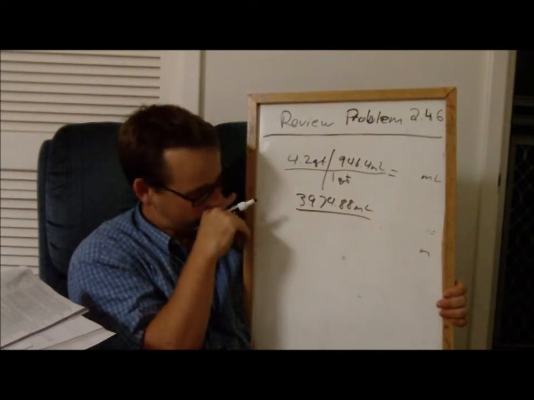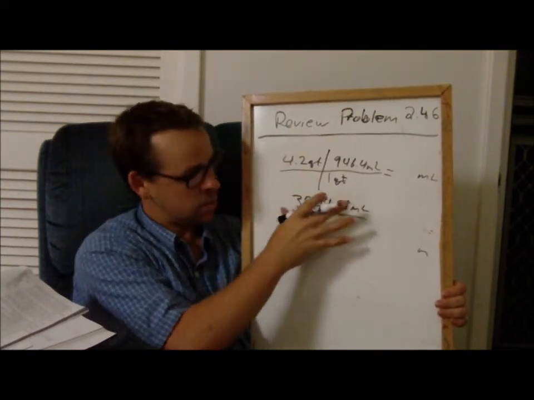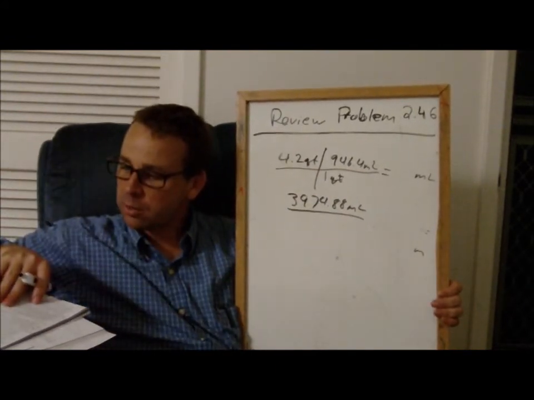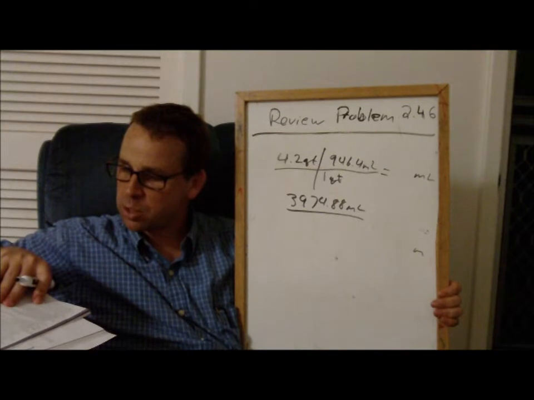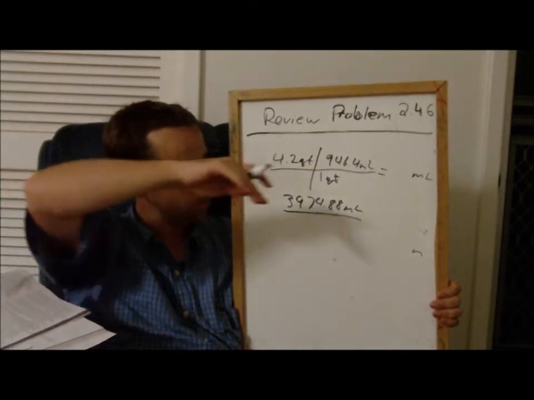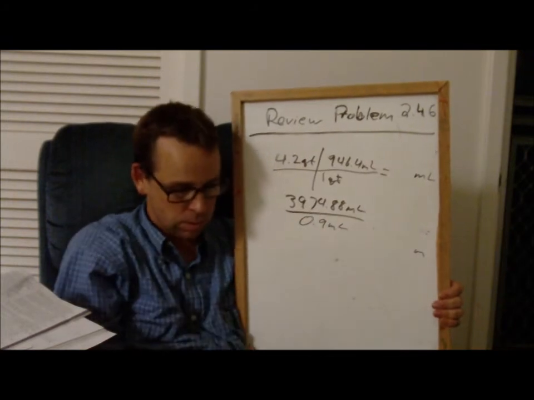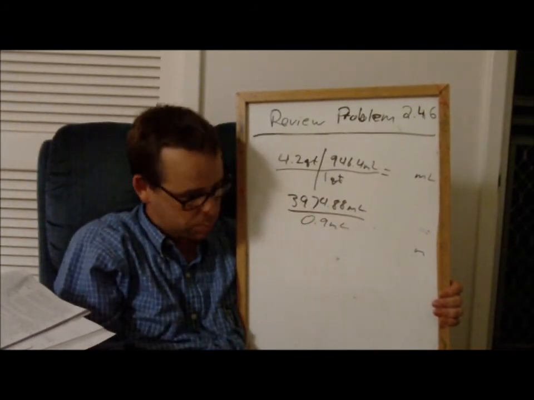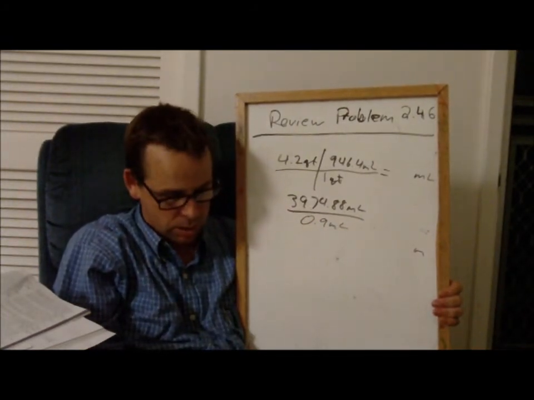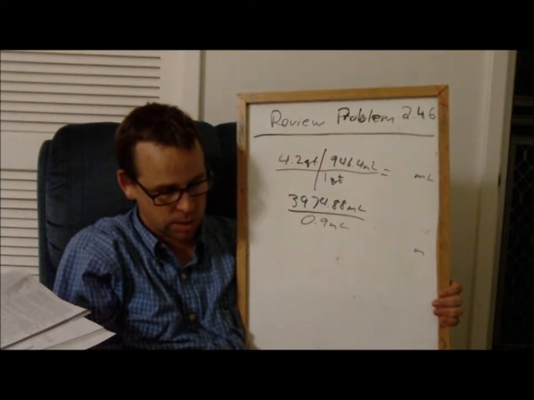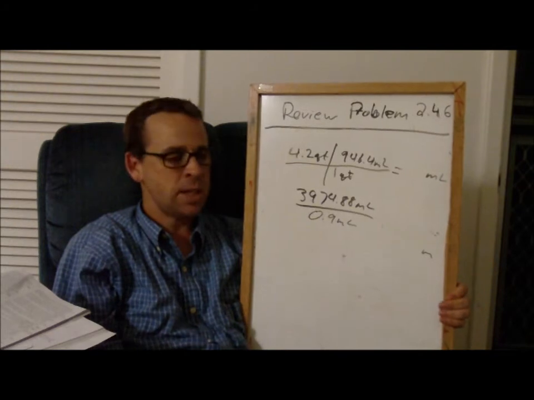All right. We don't have to stop right there, though. We can divide that by the volume of a pistachio nut, which is 0.9 milliliters. So if we divide that by 0.9, then the answer is 4,416 pistachio nuts.